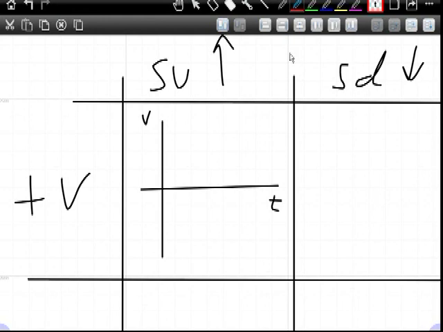Would the slope be positive or negative? Positive. Away from the origin. So something like that. And we'd call that a positive acceleration. Positive slope, positive acceleration. That's number 1.